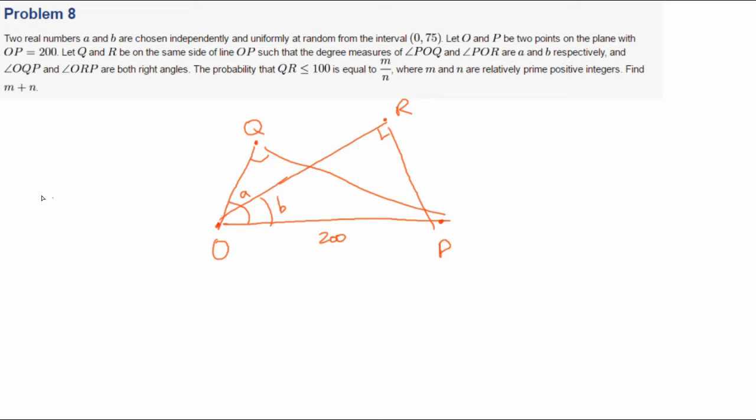One thing you should notice is that since OQP and ORP are both right angles, I think we can draw a circle around this such that OP is the diameter, and Q and R lie on the circle. See if my circle drawing skills are intact. So yeah, there's our circle.